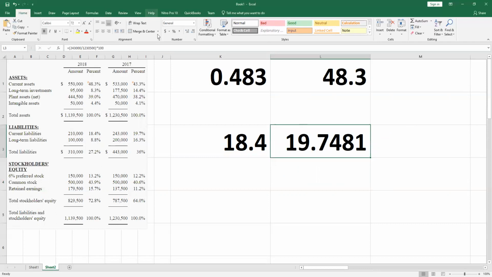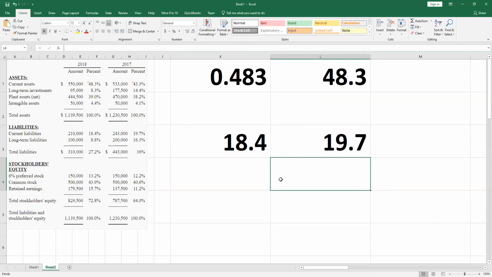So you get here 19.7. Okay, so this is how you will do this. If you don't want to do it on the Excel, no problem, do it in your register.